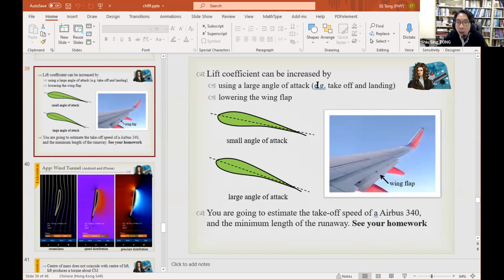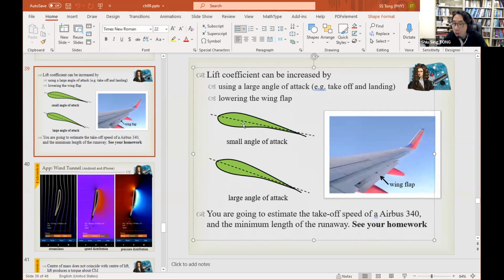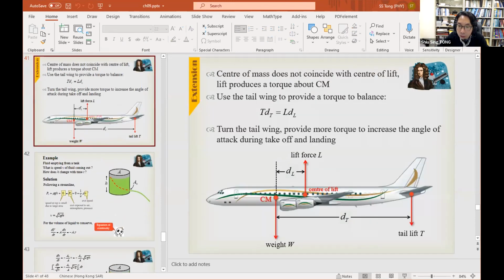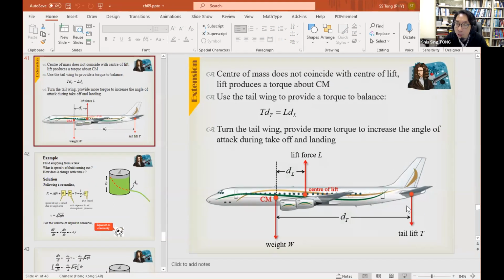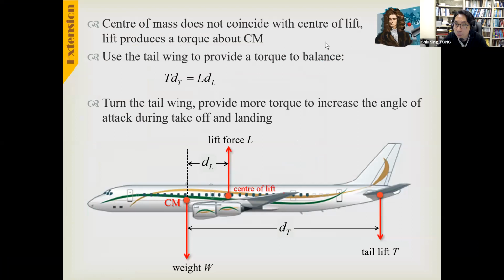Okay, so how do we change the angle of attack? How do we tilt an airplane? How do we tilt it up or even tilt it down? Now, the secret of tilting the airplane actually lies in the principle of torque, or principle of moment, you have learned in the previous course, in the previous chapter.